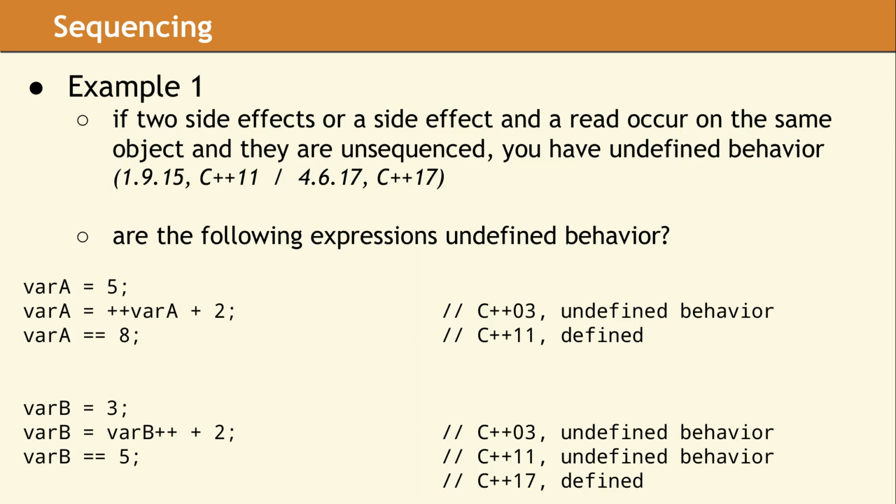Since no rule was added for a post-increment operation in C++11, the example with var B remained as undefined behavior. In C++17, a rule was added stating that all side effects on the right side of an assignment operator are sequenced before any computation of the left side. This means the example using var B is now well-defined behavior, but only as of C++17.